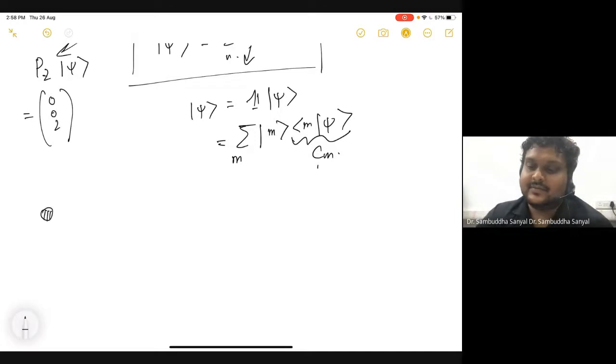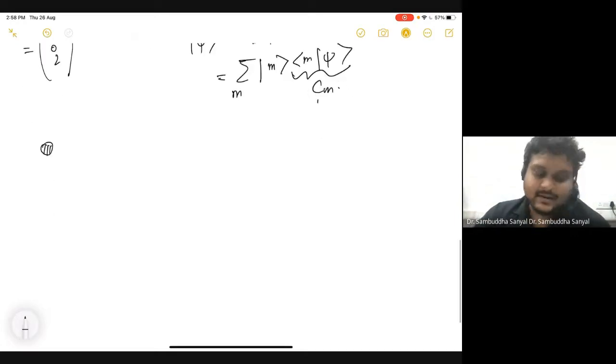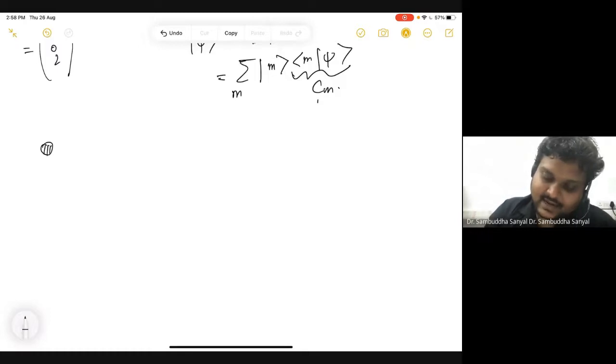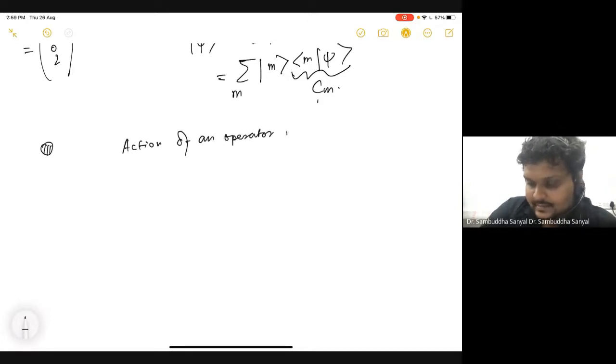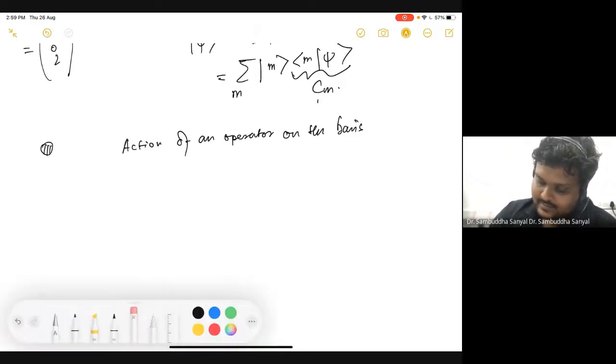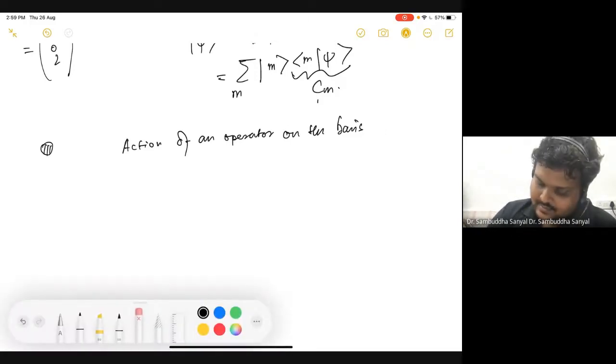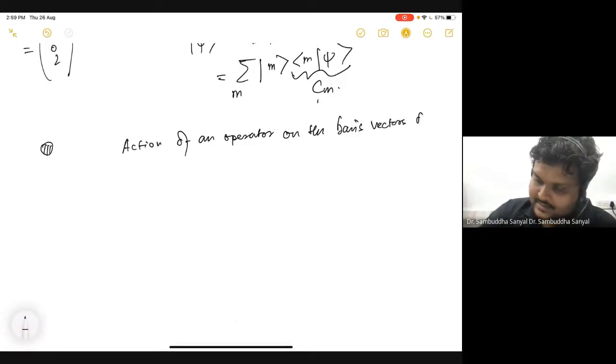Now there was a little bit of confusion when I discussed this last time. So let me discuss that once more, just to clarify. This should be easy to convince yourself of: all we want to understand is the action of an operator on the basis vectors of a vector space.